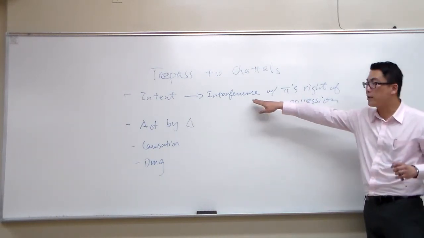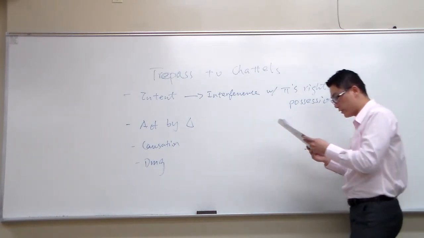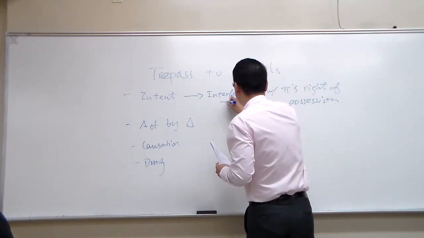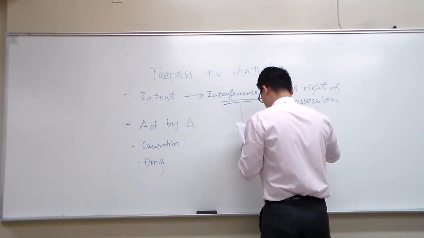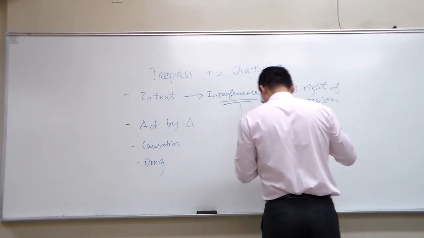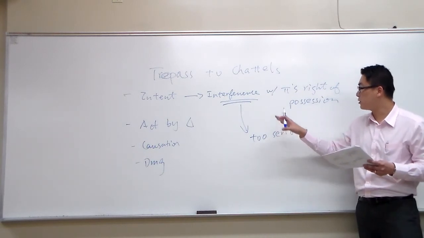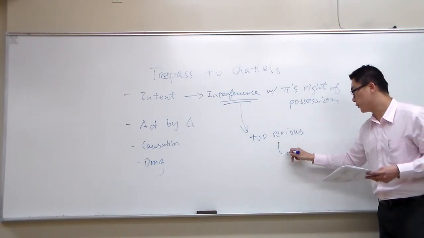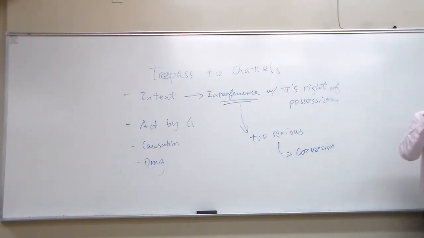Now, if there is too much interference, if this is too serious, that he basically lost the use of the good, that becomes conversion. So conversion is another type of tort.